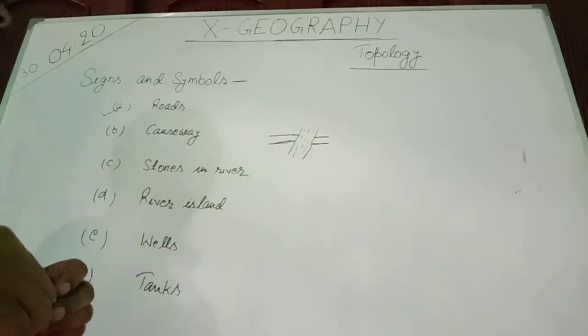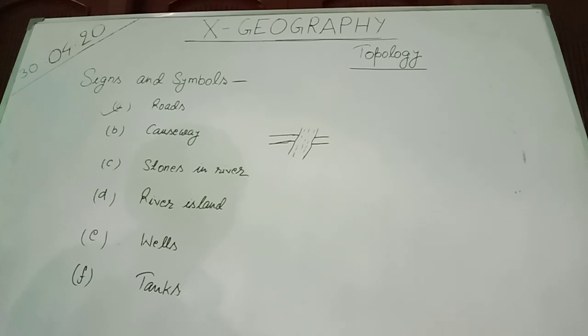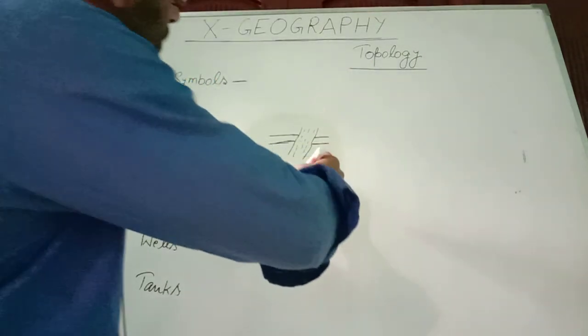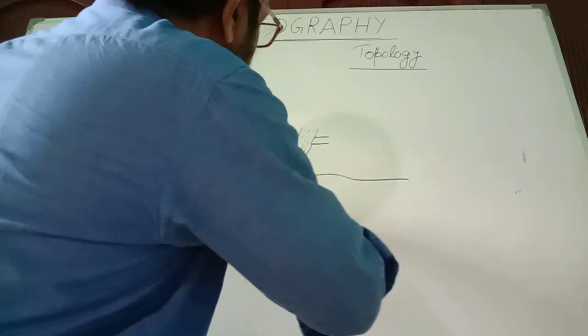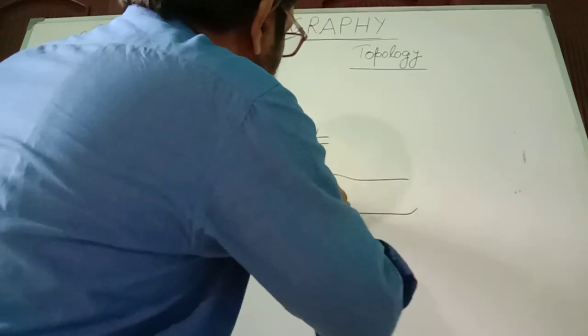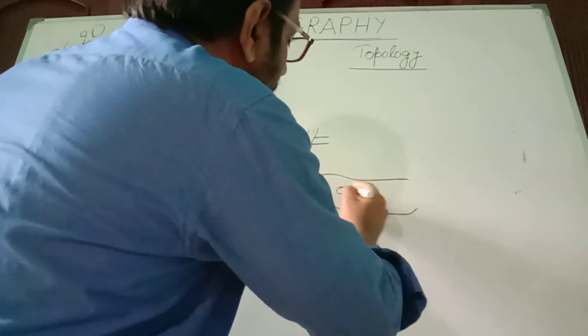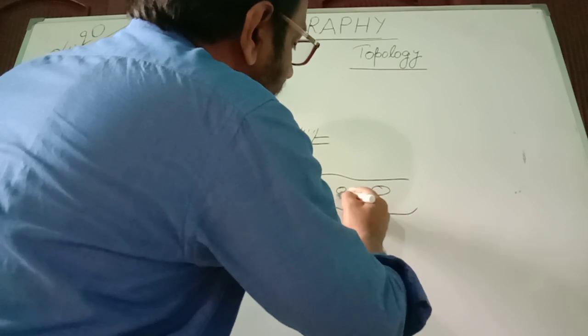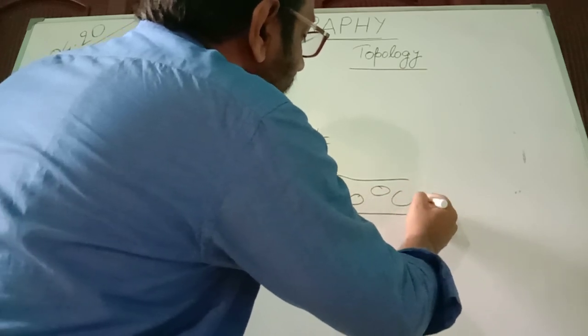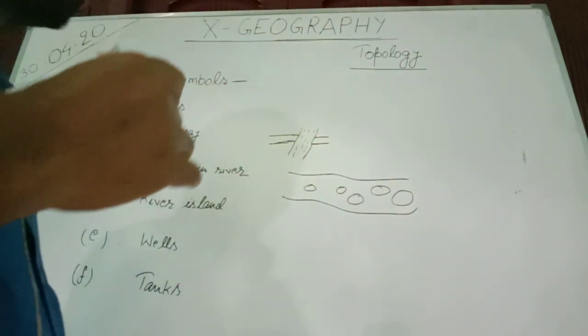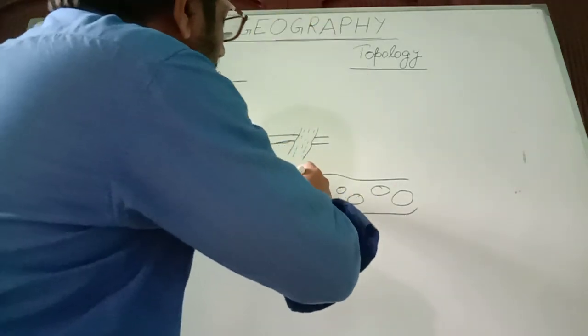Now we come to the third one, that is stones in river. Suppose this is the river, and in this river, this type of white patches we can find. So many white patches represent the stones that are in the river.